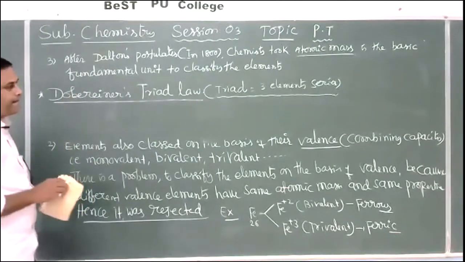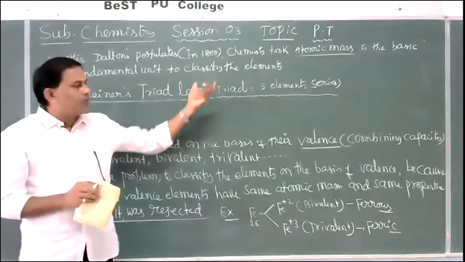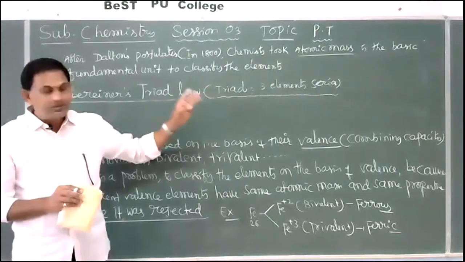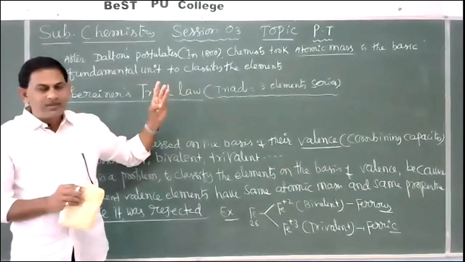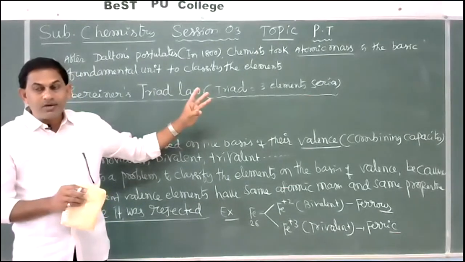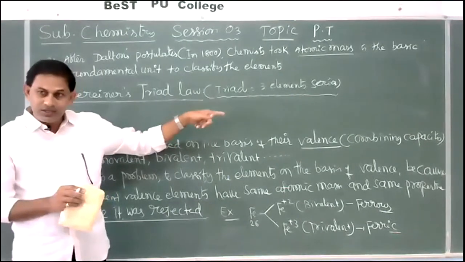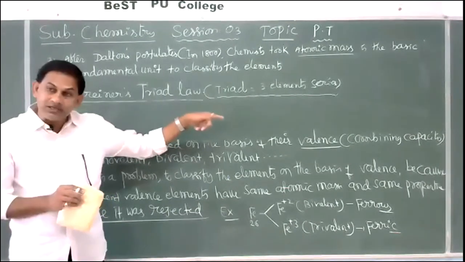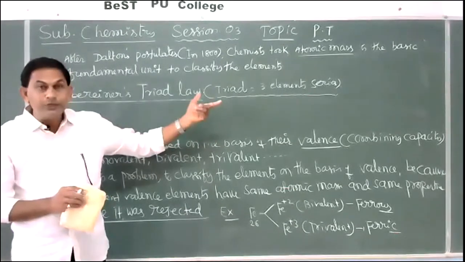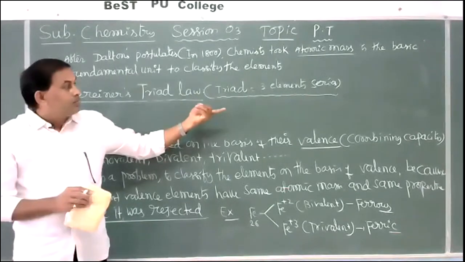According to this law, all known elements were arranged in increasing order of their atomic masses in series of three elements. The atomic mass of the central element in a triad equals the arithmetic mean, or average, of the atomic masses of the remaining two elements in the triad.